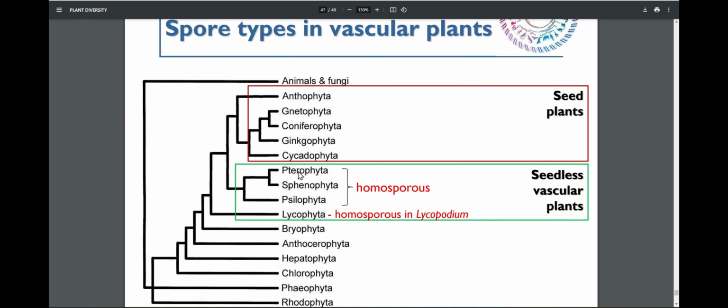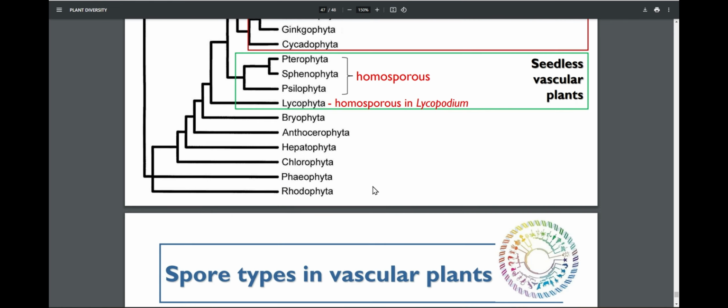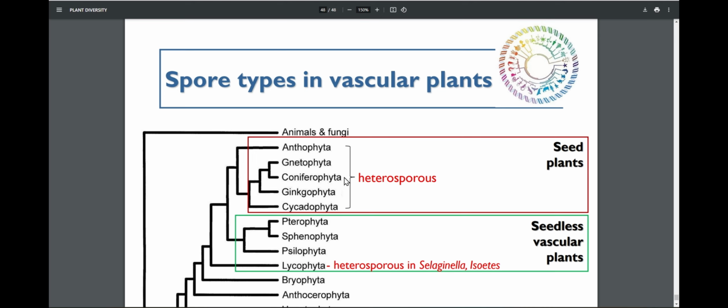And then these three are homosporous, while these orders are heterosporous. And then the seeded plants are heterosporous as well.